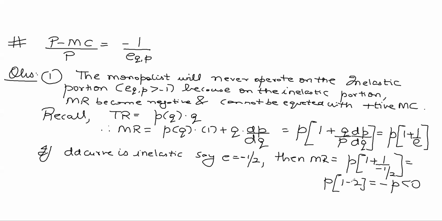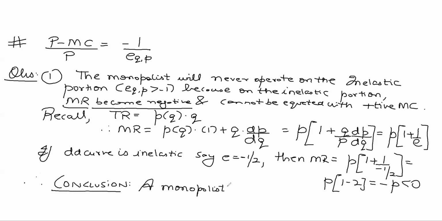So you can see that your marginal revenue has become negative. Therefore, what we learn from the first observation is that a monopolist will always operate on the elastic portion of the demand curve.